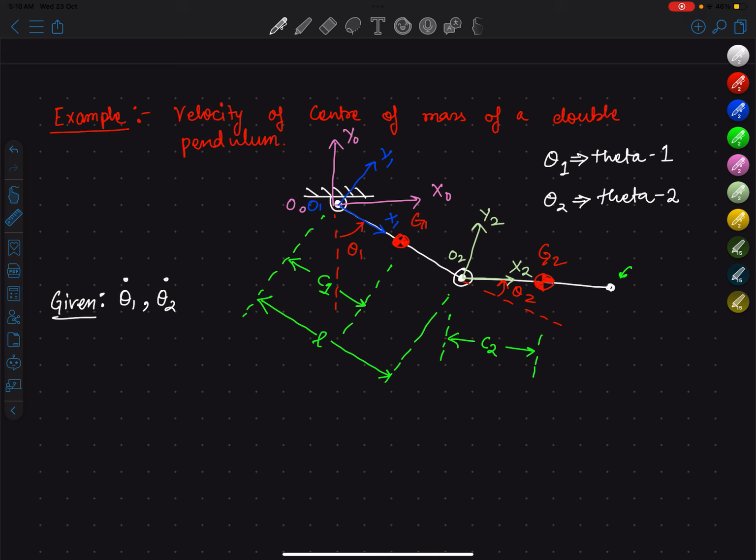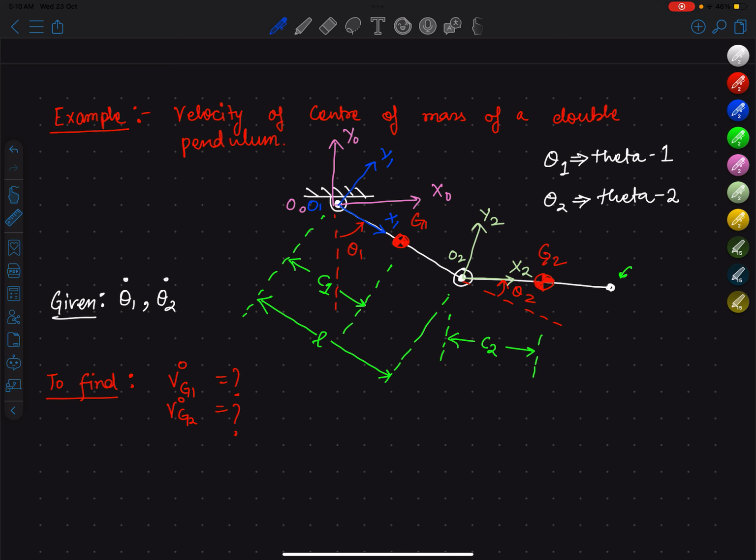Joint angular velocities are known. We have to find the Cartesian velocities of the centers of mass. So V G1 naught we don't know, and V G2 naught we don't know. Alright. So we know the angular velocities and we need to find the Cartesian velocities.